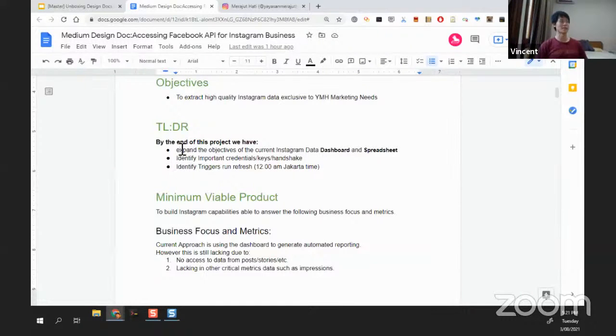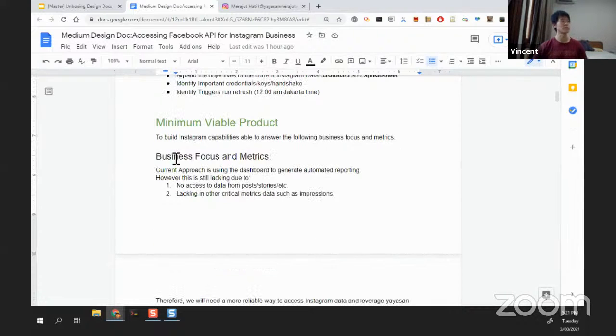That's why I talk about the triggers, run refresh, and the important credentials and keys. But if your audience is business, you need to talk more about the metrics that the business needs, for example impressions and reach. Just put it in the TLDR, like 25% impression and reach improvement. So this will be different depending on your audience.